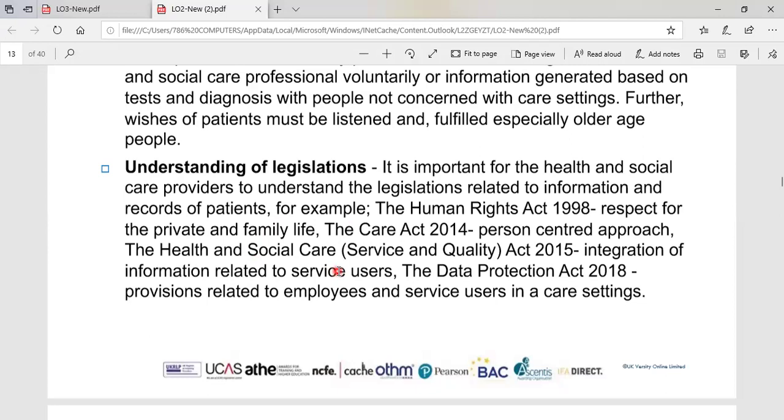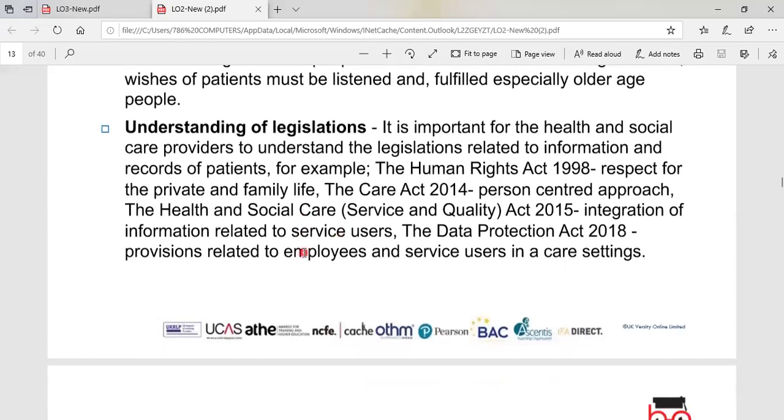The Health and Social Care Act, which entails the Service and Quality Act 2015, which has integration of information related to service users, and the Data Protection Act, which we come across so many times. This is related to employees and service users in any care setting. All of these need to be explicitly explained, and they need to understand what these mean.